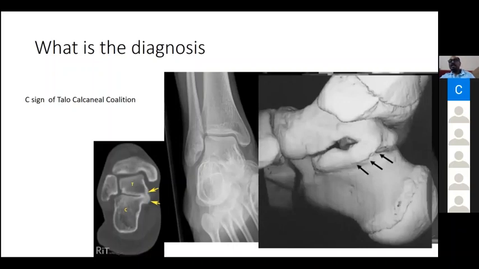In a middle-aged or older individual, the arthritic changes have already set in the subtalar joint. You do a subtalar arthrodesis along with it. Otherwise, the pain doesn't go away. So the management is excision in a younger individual, and in middle-aged to older individuals, it is arthrodesis of the subtalar joint. So I am talking about the talocalcaneal coalition.